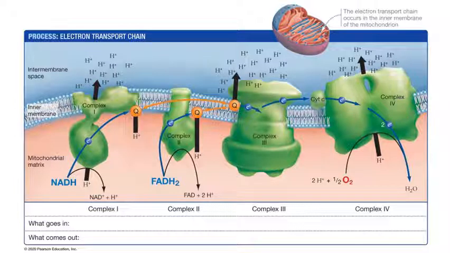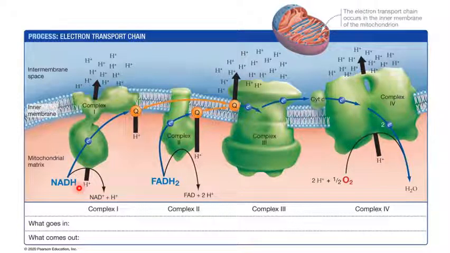So once again, you have your electron carriers that came from the other processes in cellular respiration, glycolysis and pyruvate oxidation and the Krebs cycle, coming into the electron transport chain and dropping off their electrons at the protein complexes of the electron transport chain. Those electrons are going to hop from protein complex to protein complex, moving down the electron transport chain.